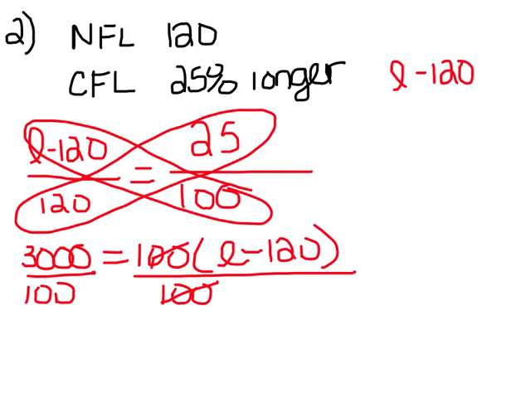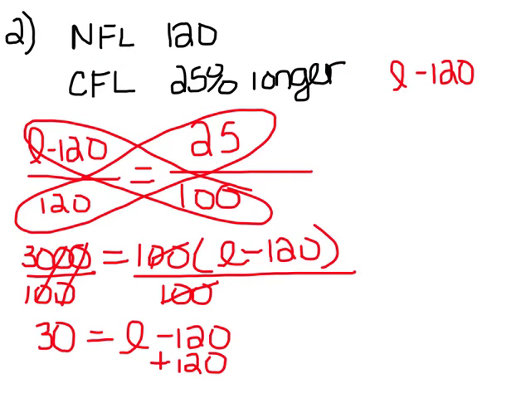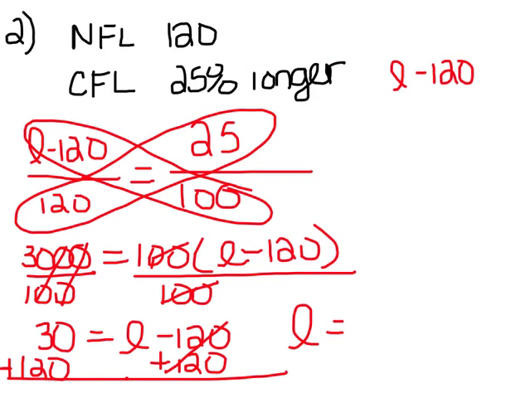The hundreds cross off, and you're left with 30 equals L minus 120. Now to solve for L, we can add 120 to both sides. And we'll get that L equals 150.